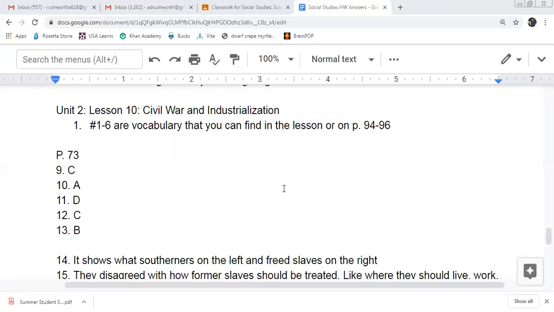So I'm going to get started on going over question number 9 on 73. What was the most important factor in the start of the Civil War? C, disagreements over the expansion of slavery.